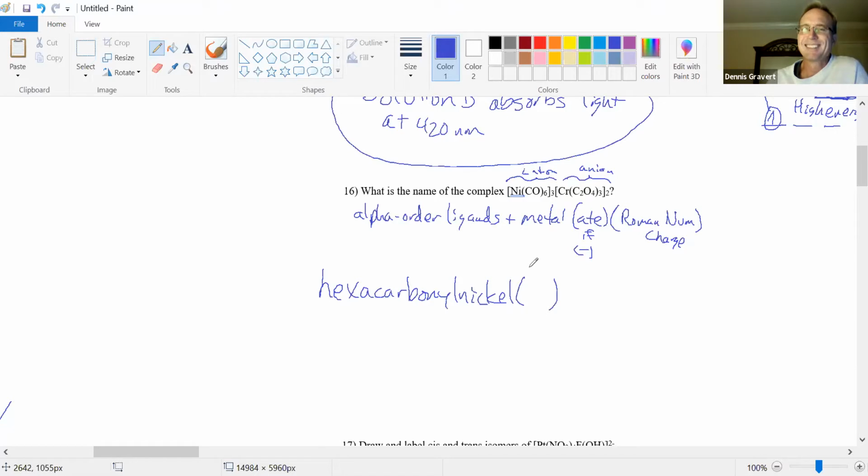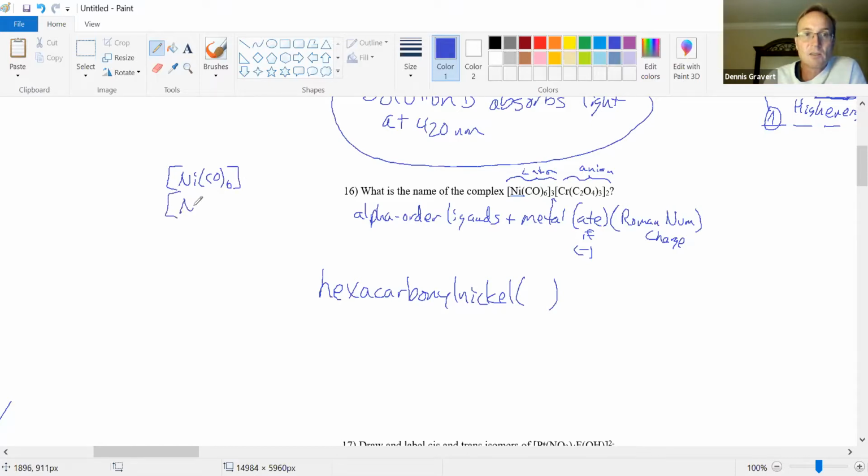Hmm. Okay, so we need to break this down. I want to know what the charge on the brackets is, and it doesn't tell me. It's saying, well, no, this whole thing is balancing out to a neutral complex. So there's a couple ways to analyze this. One is to look at that 3 and then just go crazy writing everything out.